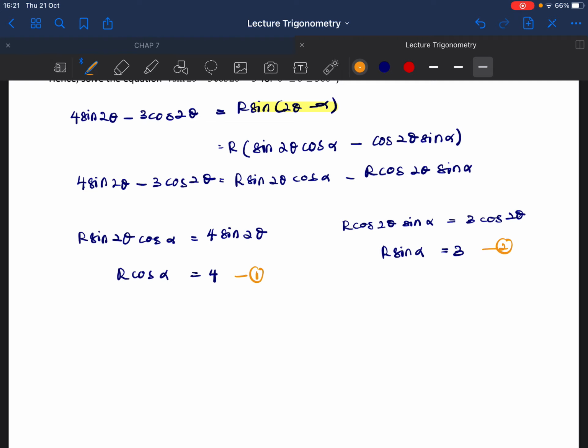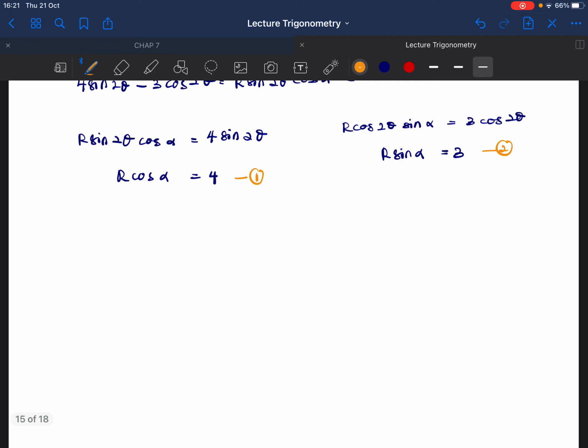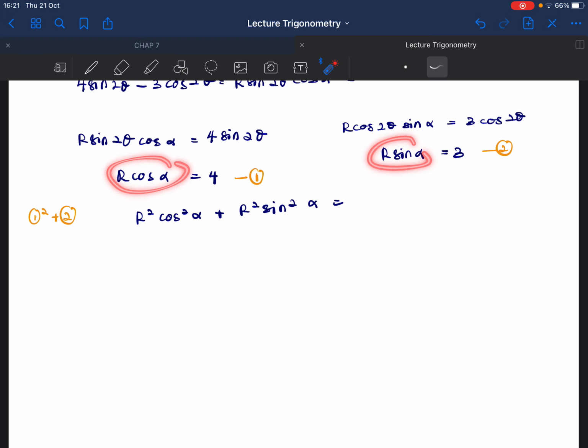Okay, so the first aim is to find our r. So how to find our r? 1 square plus 2 square. Okay, and we will have r square cos square alpha plus r square sin square alpha equals to, and the next one right hand side kita 4 square plus 3 square.